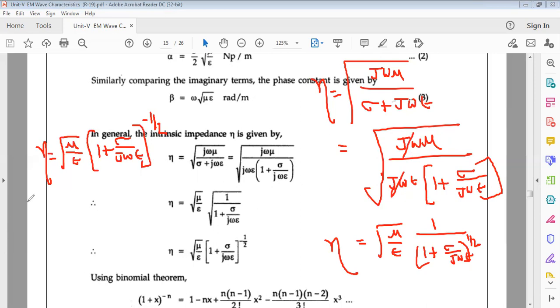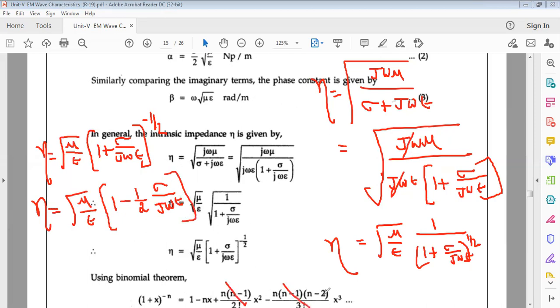So here also, neglecting the higher order terms, eta becomes under root of mu by epsilon whole multiplied by 1 minus nx, where n is 1/2 and x is sigma by j omega epsilon. The remaining higher order terms you can neglect.